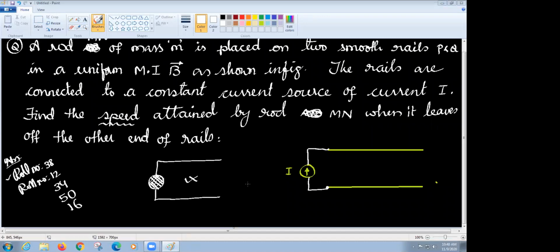So in an open circuit, current cannot exist, right? Yes, sir. That's what you are learning in circuit theory, according to circuit theory, of course. That means you're saying that there is no current in this because it's just open like this.